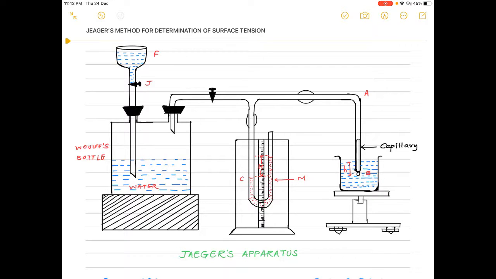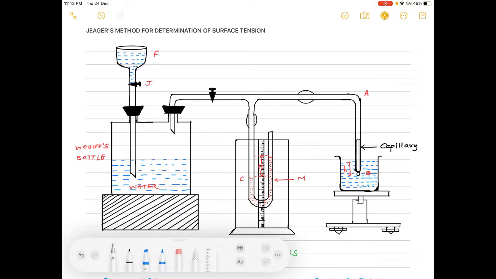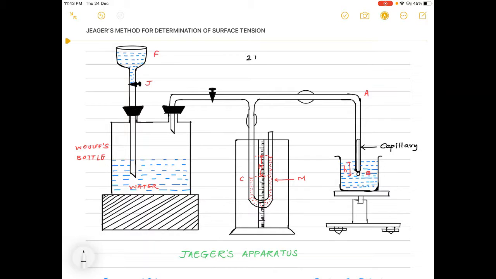The excess pressure inside an air bubble in a liquid is given as 2T by small r, where capital T is the surface tension of the liquid and r is the radius of the bubble which is formed.